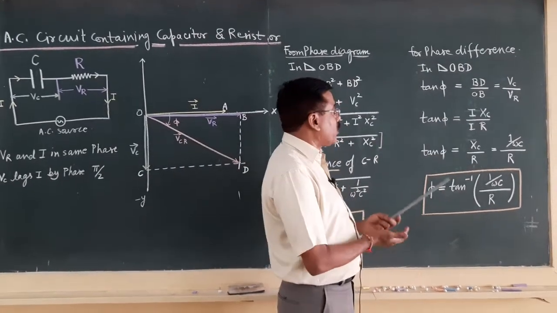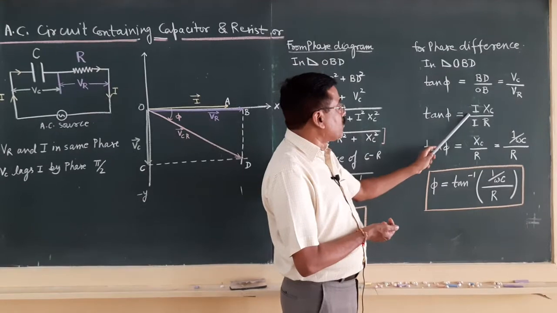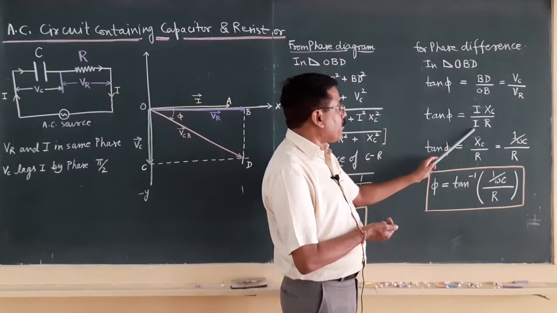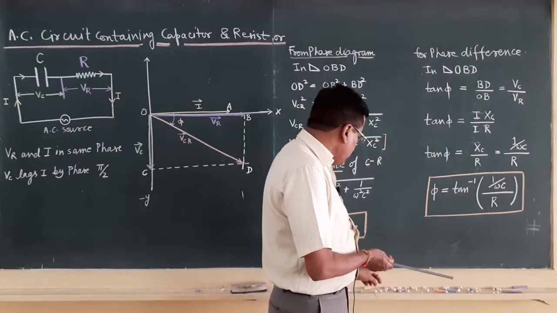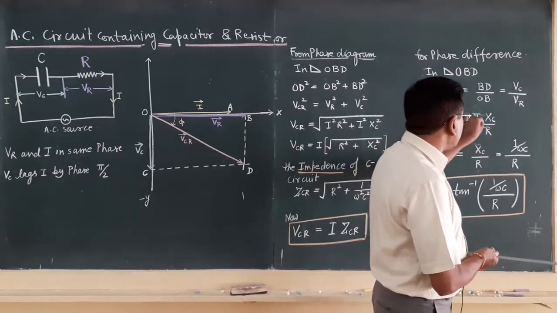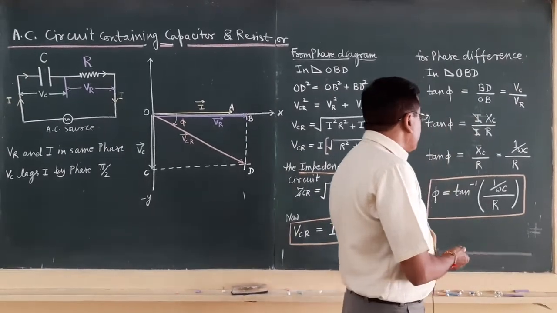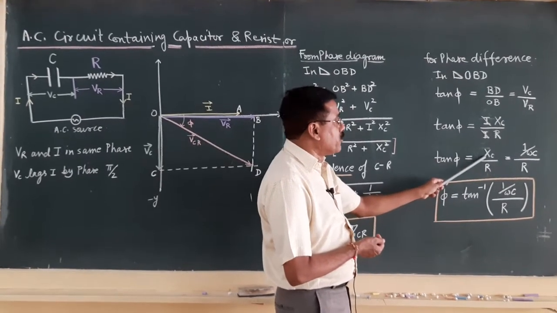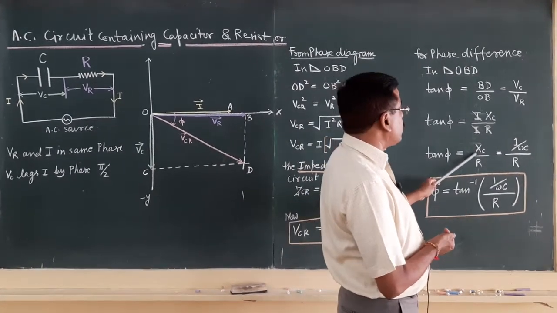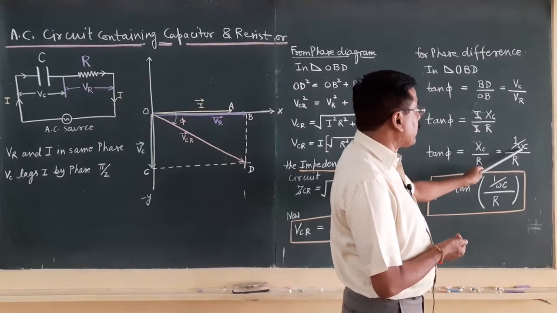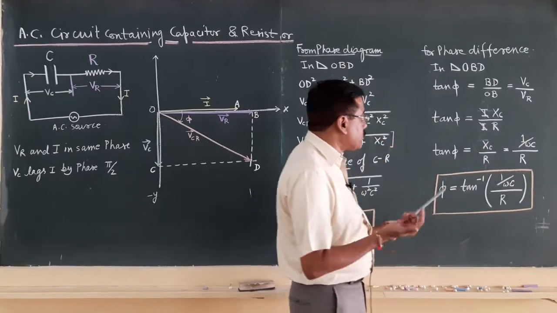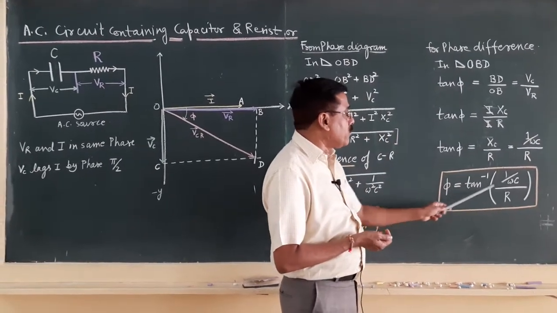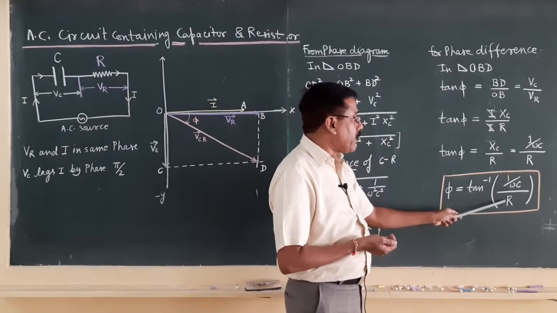Using Ohm's law, tan phi is equal to I Xc upon I into R. The I terms cancel out, so tan phi is equal to Xc by R, or putting in the capacitive reactance, it is 1 by omega C by R. So the final expression is phi equal to tan inverse of 1 by omega C R.